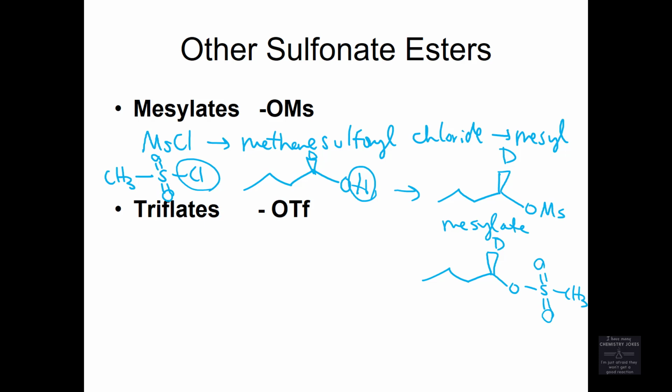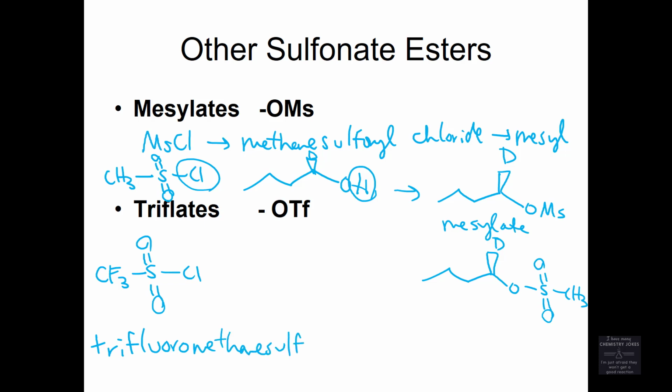Okay. Triflate is the last sulfonate ester forming thing we need to know. It's this. That stands for trifluoromethane sulfonyl chloride. Isn't it so thoughtful of organic chemists to call it triple instead?